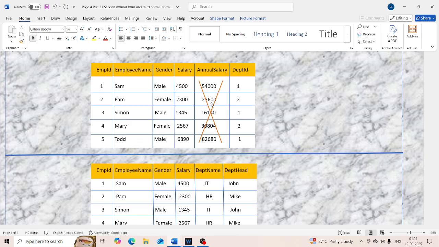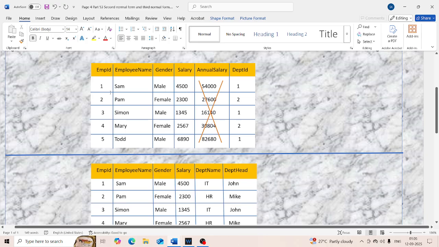You can say computed columns, or in a way you can also tell this column is not fully dependent on the primary key. It is also dependent on the salary.